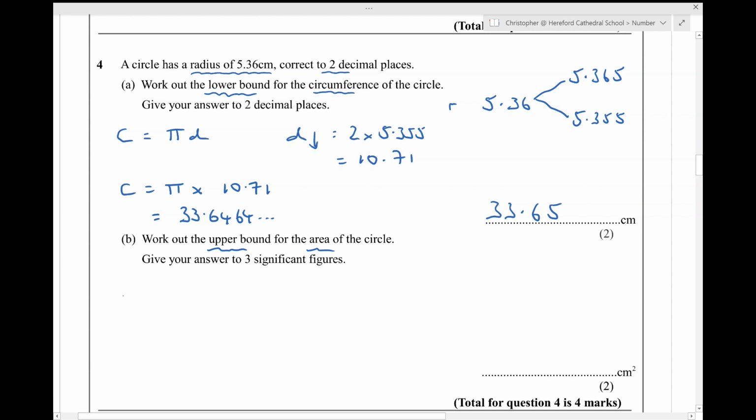Okay, part B. Work out the upper bound for the area of the circle. Well, the area of the circle is given by pi r squared, and I'm going to take my highest possible radius, which is 5.365, because then I'll end up with the highest possible area.